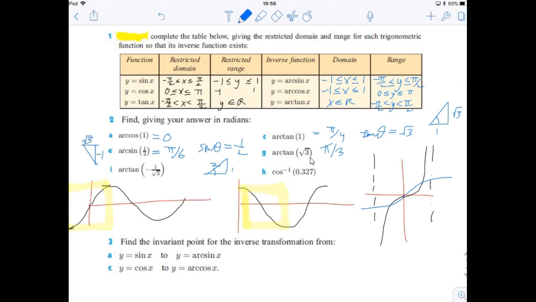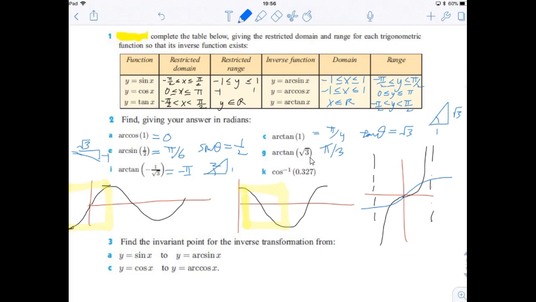Actually, I drew that kind of weird, because negative square root of 3 is longer than negative 1, so it should be negative 1 and square root of 3 like that. So it looks like it would be negative 30 degrees, right? Or negative pi over 6.